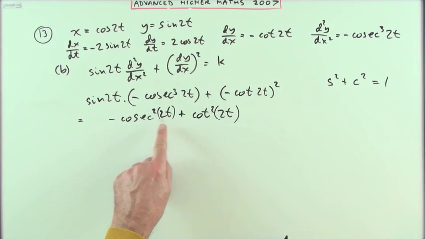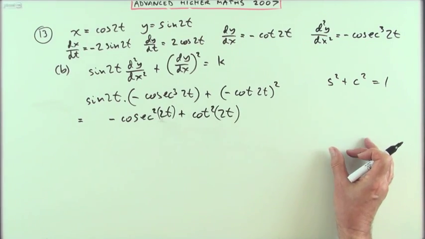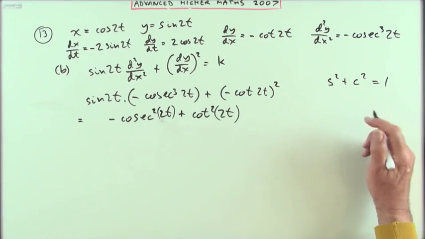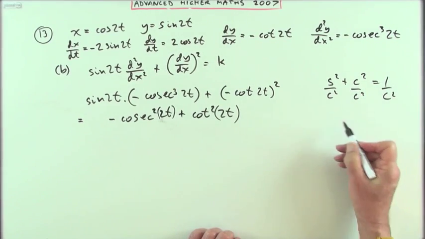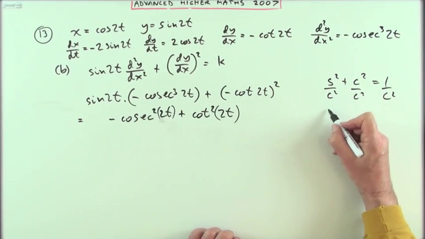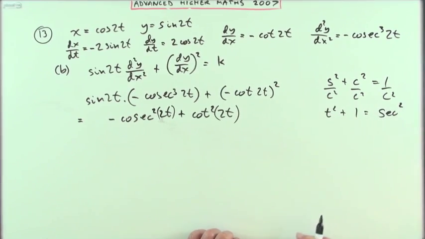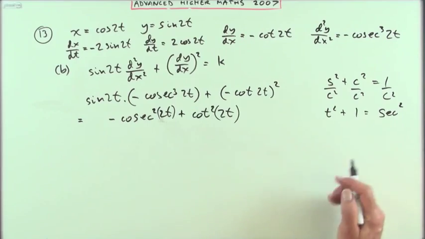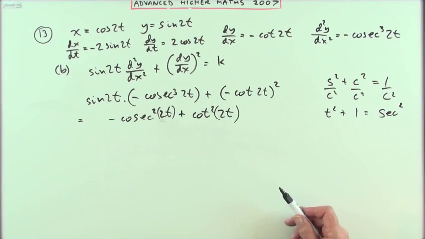Well, here I've got cosecs and cot. This identity can produce connections between sec and tan if I divide them by cos squared to get secs. So that would then give me tan squared plus 1 equals sec squared.